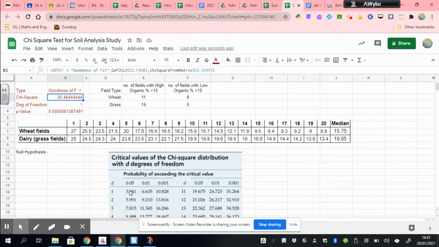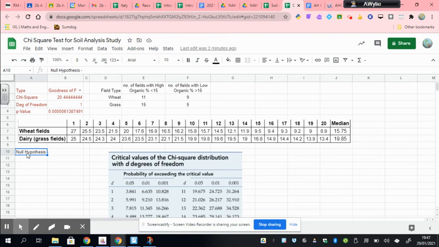Now, before we look at what that result means, we need to form a null hypothesis. Okay, and this actually should be the first step you do. And the null hypothesis is always that there is no statistical, and in this case, rather than it be correlation, which would be the word you would use for Spearman rank or Pearson's, there is no statistical difference, or there is no significantly different, let me rephrase that.